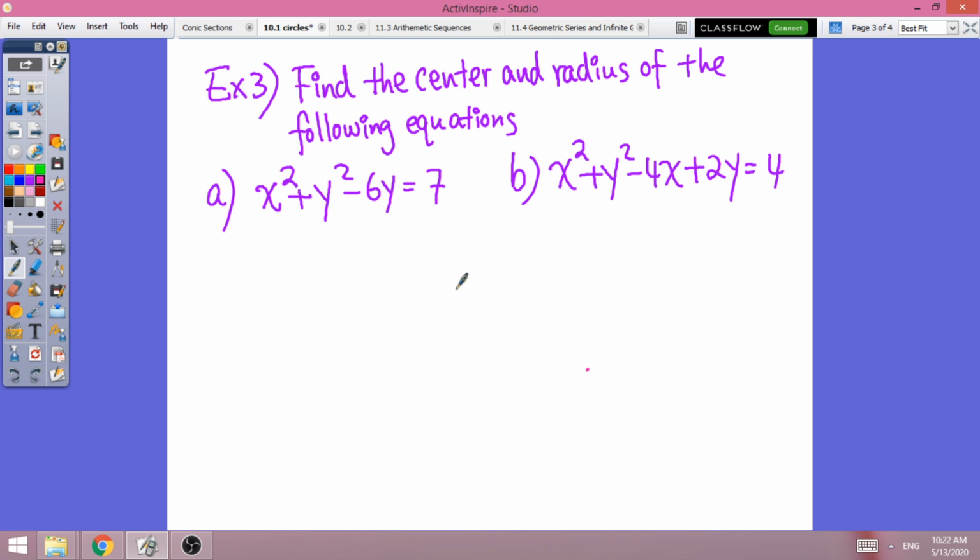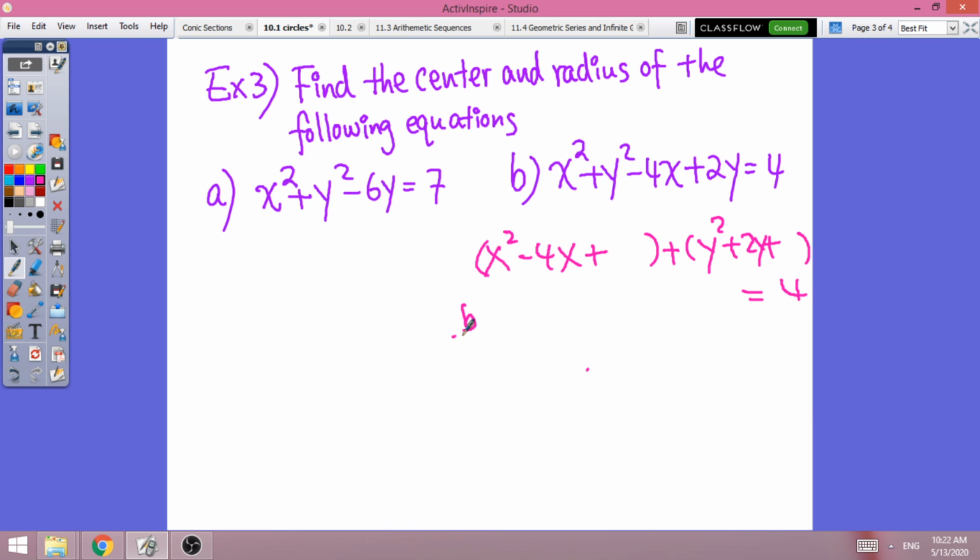So for this one, group the like terms. What we got here is x squared minus 4x plus blank. We don't know what that is. And then the second group, we have y squared plus 2y plus blank. So that equals 4, and 4 is on the right-hand side. For this one, we need to complete the square for the x group and the y group.